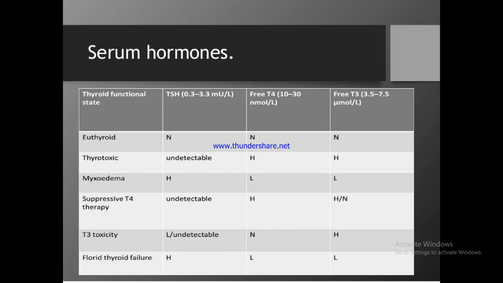Now there are different thyroid functional states in which the thyroid stimulating hormone, the free T4 and free T3 in the circulation vary. In case of euthyroid, meaning normal thyroid function and normal thyroid hormone release, the T3, T4 and TSH are in normal amounts.